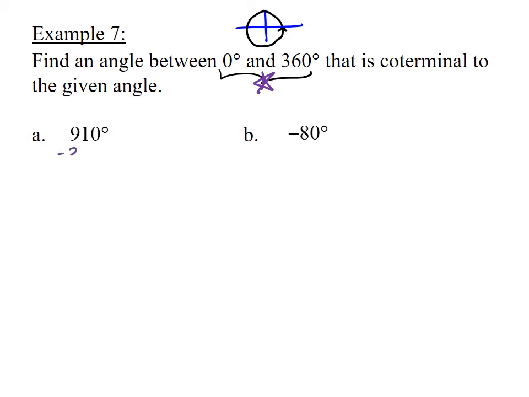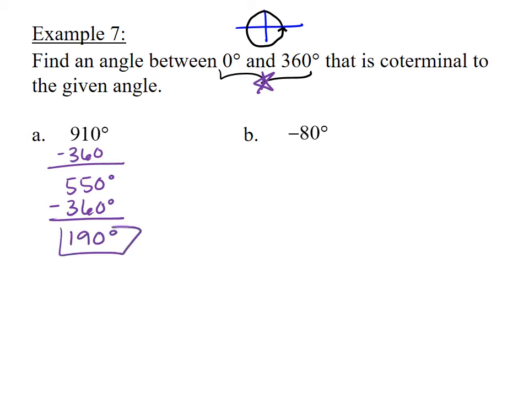If I subtract 360, I end up with 550 degrees. That is not a value between 0 and 360, so I'm going to subtract 360 again. This leads me to an angle measure of 190 degrees, which fulfills our requirement. So 190 degrees is coterminal to 910 degrees.